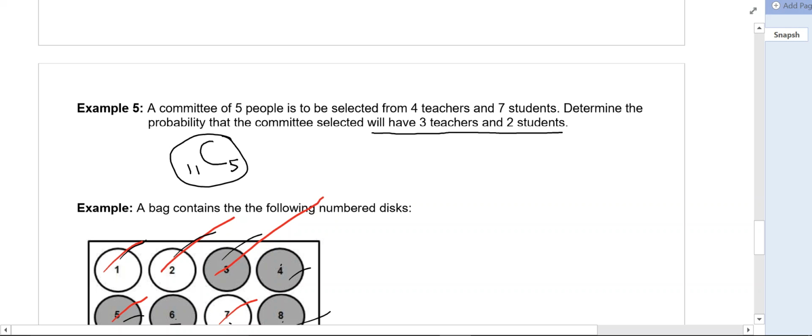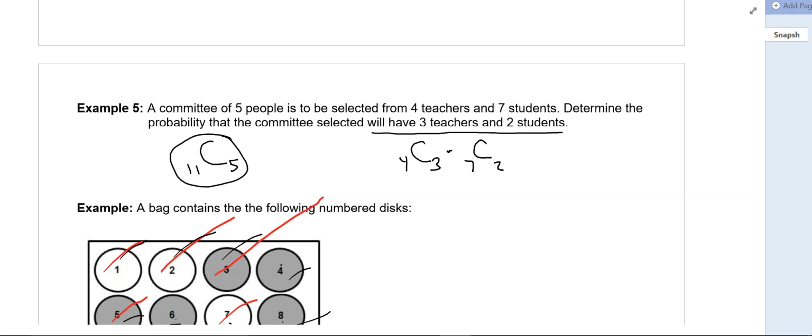Now, for the numerator, which is the number of ways we can choose 3 teachers and 2 students, well, the number of ways we can pick 3 teachers, we need to pick the 3 teachers from 4. That's a combination. We also need to pick 2 students from the 7 students. That's a combination. We multiply them together. It's a combination because we do not have any order. When you pick, you're on the committee. Nothing is being said differently as you get picked.